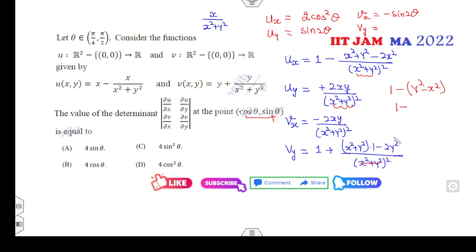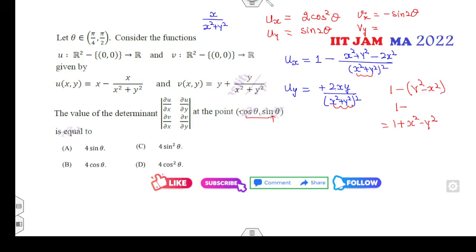This is 1. The numerator becomes 1 plus x square minus y square. So that expression becomes, कितनी वैल्यू आ जाएगी इसकी? 1 plus cos square minus sin square. यही आएगा इसका एक्सप्रेशन. Fine, that will be 2 cos square.